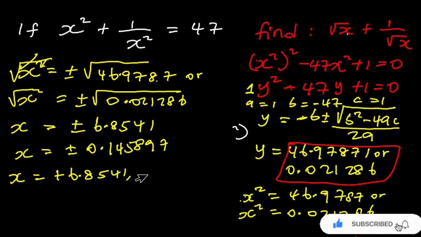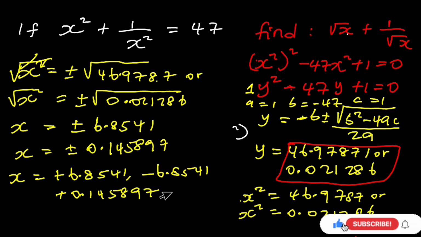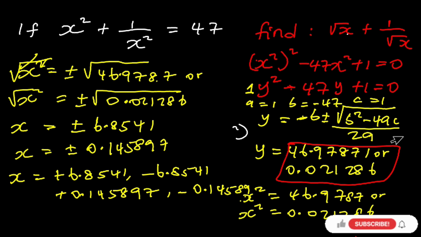And so we're going to have x values as plus 6.8541, minus 6.8541, then plus 0.145897, and then again negative 0.1459. Now all of these solutions satisfy our equation.